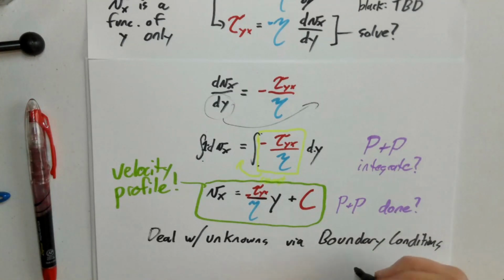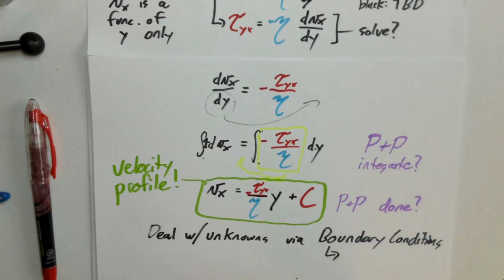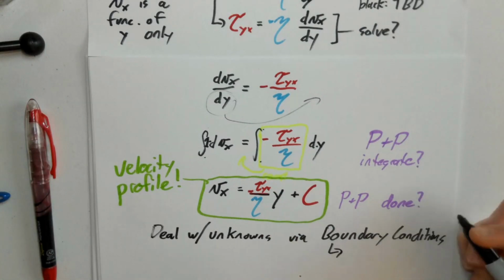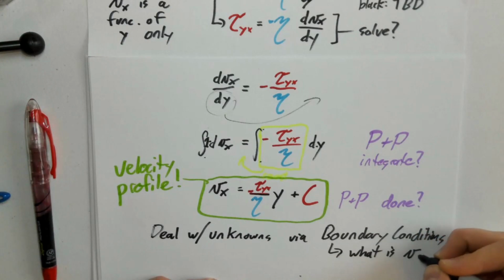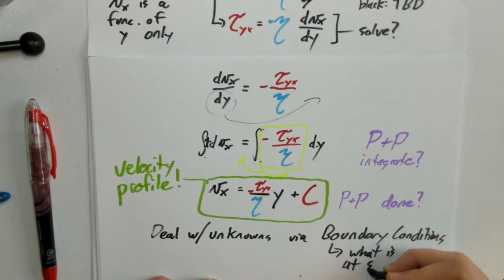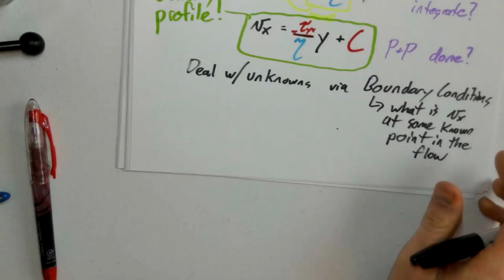And boundary conditions will often take the form of, what is x velocity at some known point in the flow?